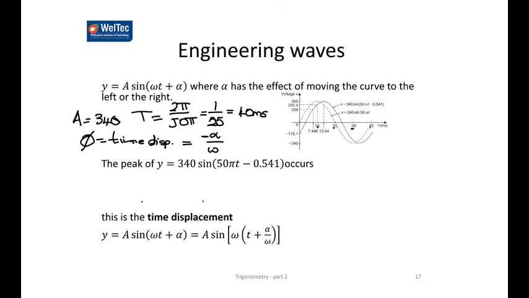And in this case, it's going to be negative of negative 0.541 over omega, which is 50 pi. And work that out, that's going to be 3.44 milliseconds.